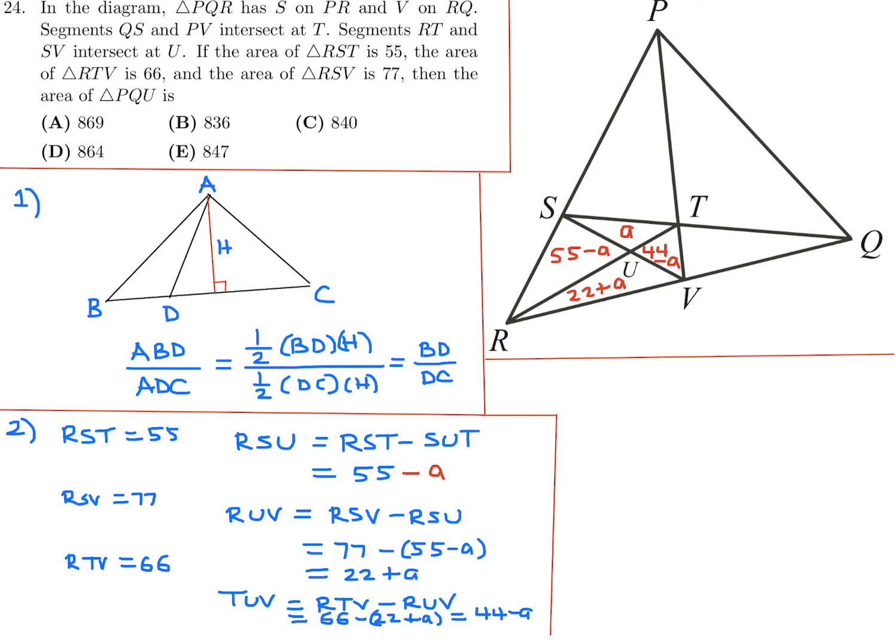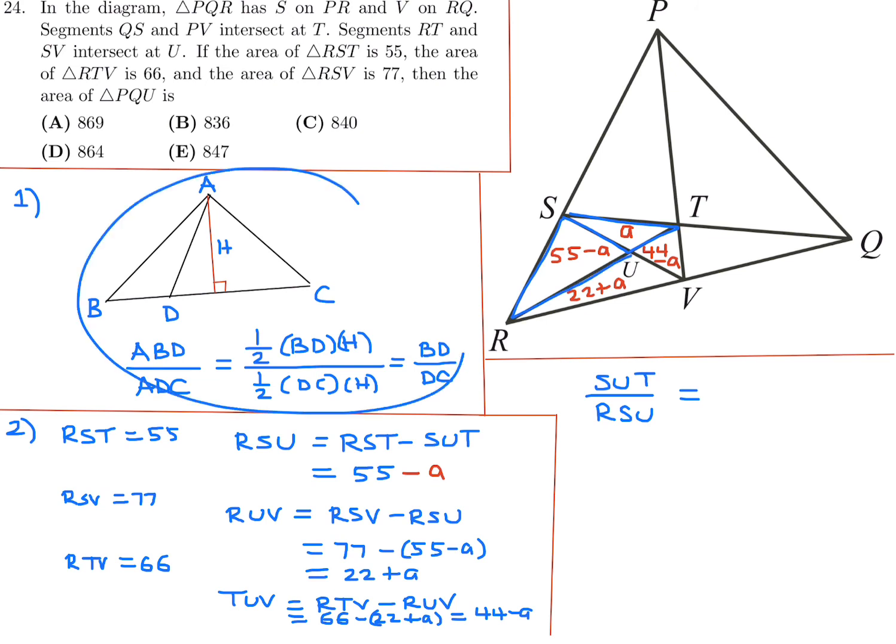I've got it labeled, and I've got all these triangles in terms of A, but I would like to know the value of A. And that's where we start utilizing this rule right here. And we'll do it initially on SUT, that triangle, and RSU. SUT is right here, and RSU is right here.